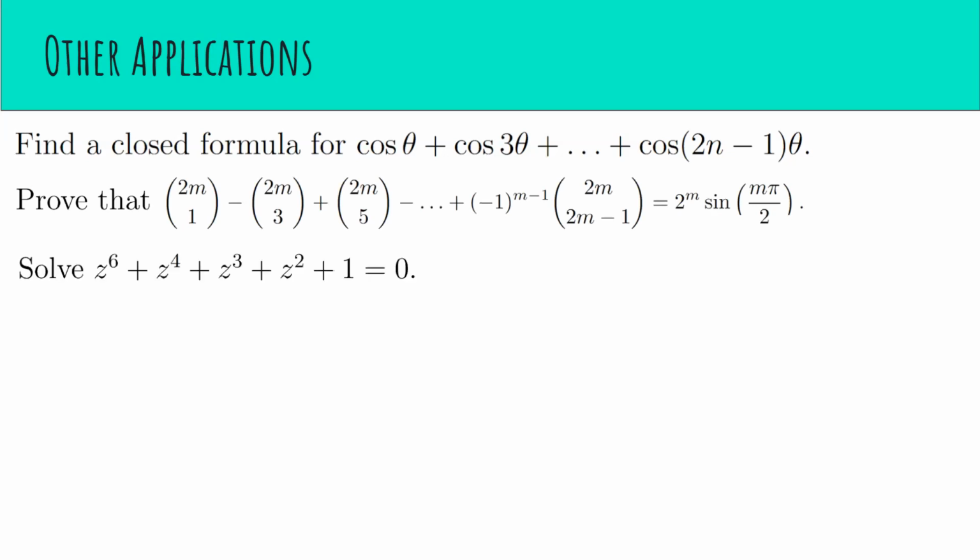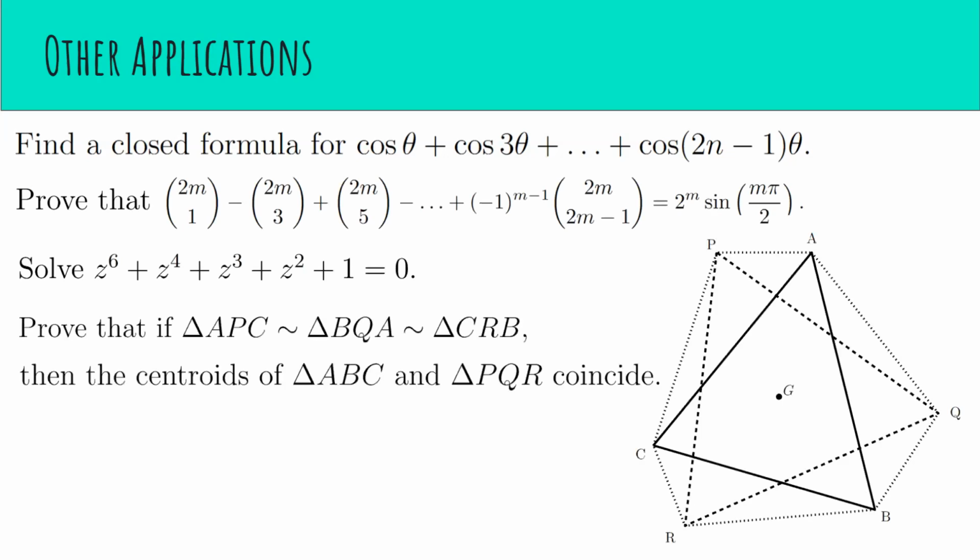Or you can solve this 6-degree polynomial. Or you can prove that if we erect similar triangles on the sides of any triangle, then the triangle formed by the 3 new vertices has the same centroid as the original triangle, as in the diagram.